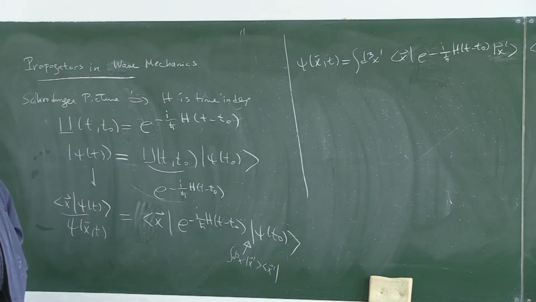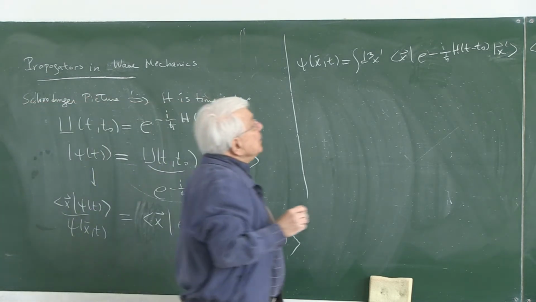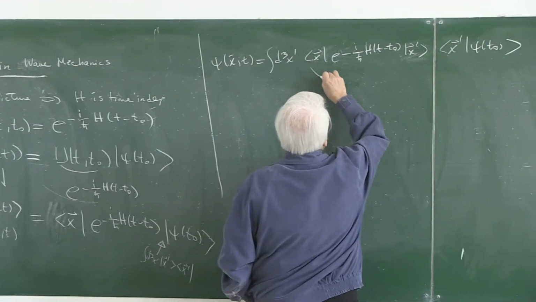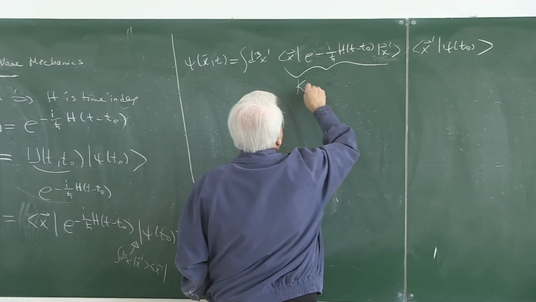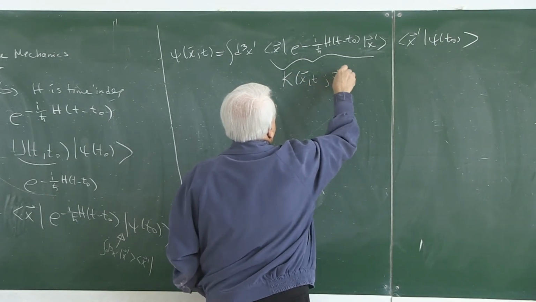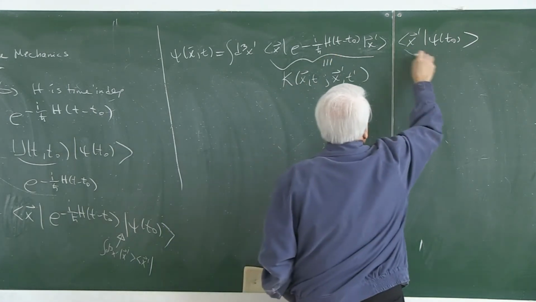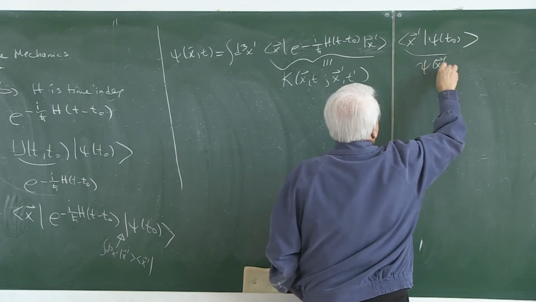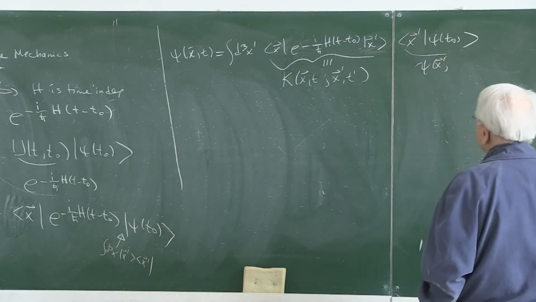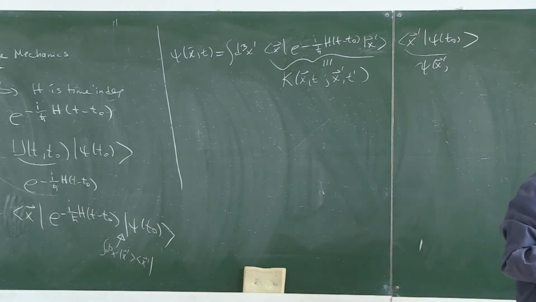You say, well, we haven't achieved much, seemingly. But if you give this a name, then elaborate. Call this K(x, t; x prime, t prime), and this one is now psi of x prime, t0. The notation is not symmetrical, aesthetic-wise, not that good, and Sakurai also complains along the way and he shifts notation.